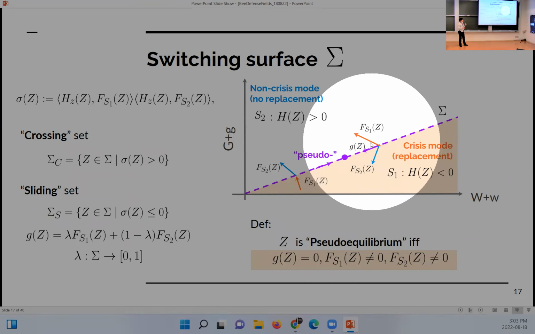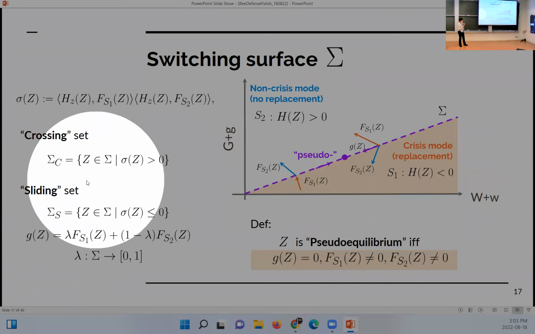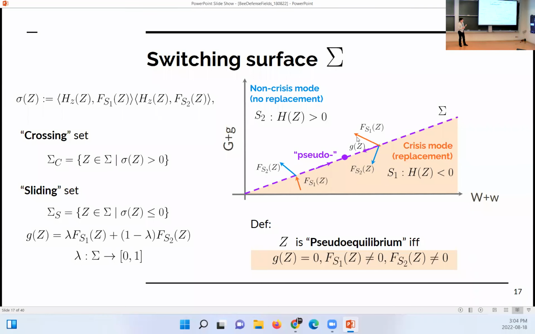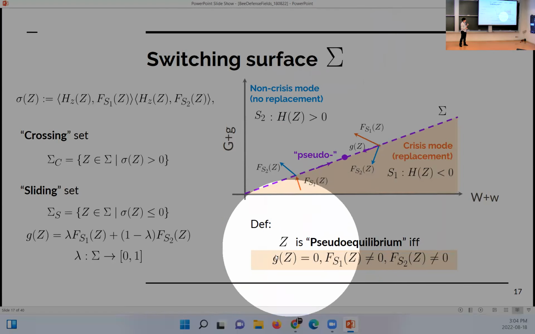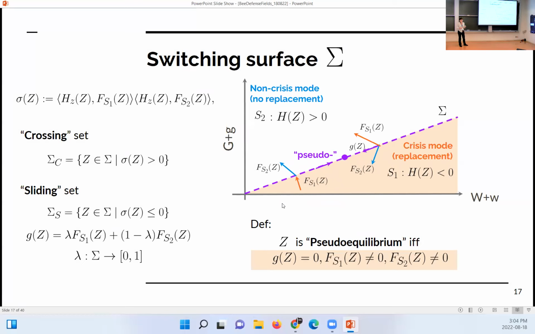And in that case, we define its own vector field on the switching surface, which will only hold on those points that compose the sliding set. And this vector field will only be a linear combination of these other two vector fields. And it will have its own equilibria, and those equilibria are called pseudo-equilibria. They're just simply equilibria of this newly defined G vector field on the sliding portion of the switching surface. So we have that extra category of equilibria.